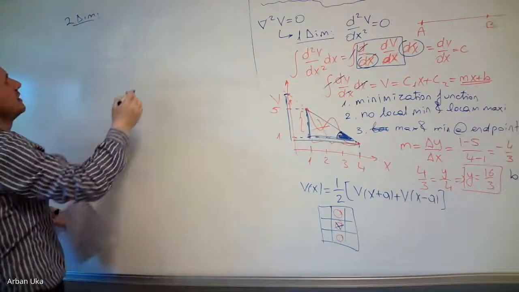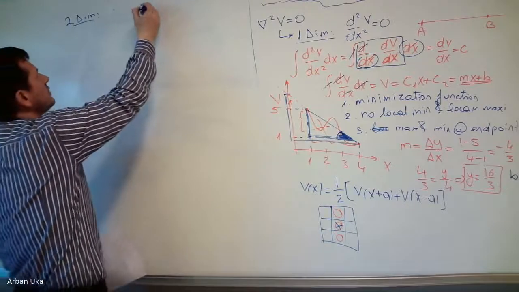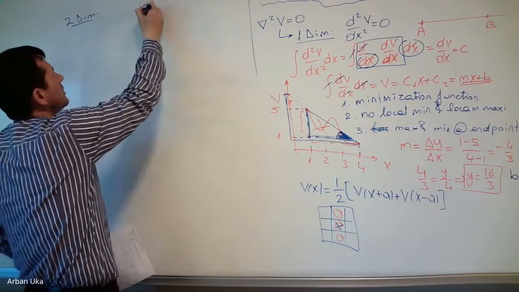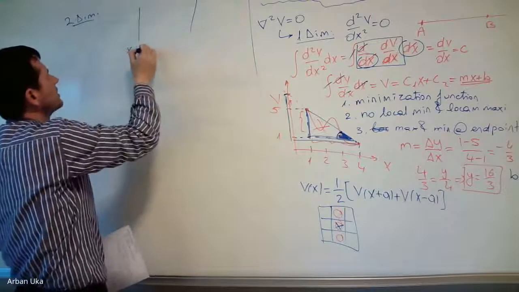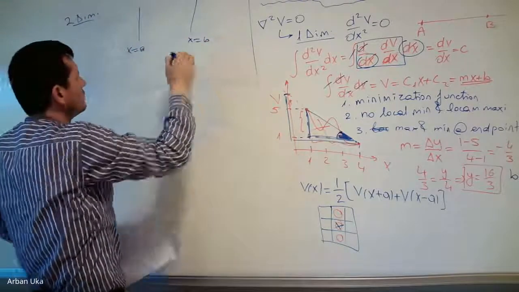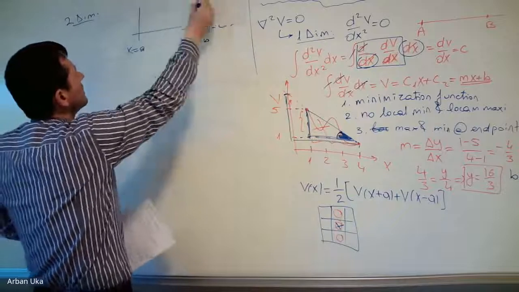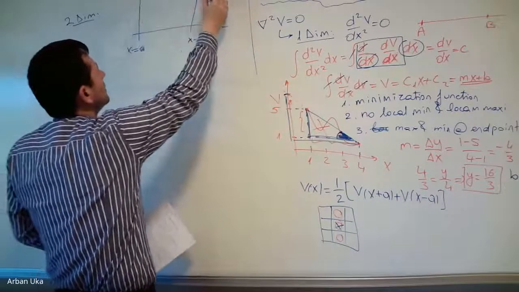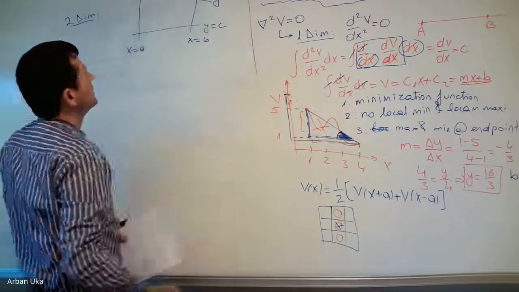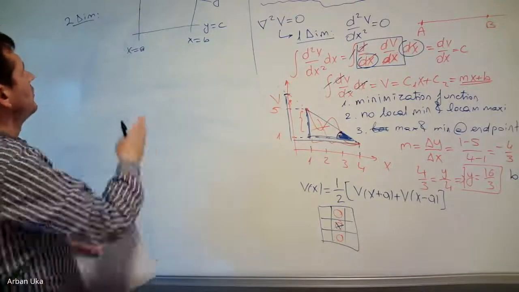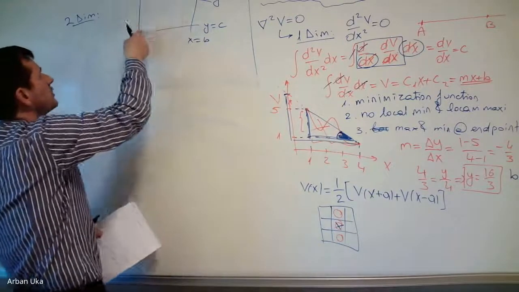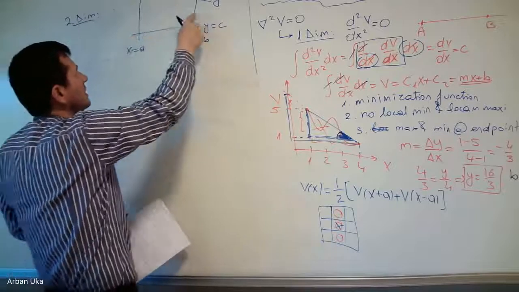For the two-dimensional case, we may assume that we know the potential at some x equal to a, x equal to b, and then y equal to c, and also y equal to d. So we know the potential precisely, how it's going to change along these lines.